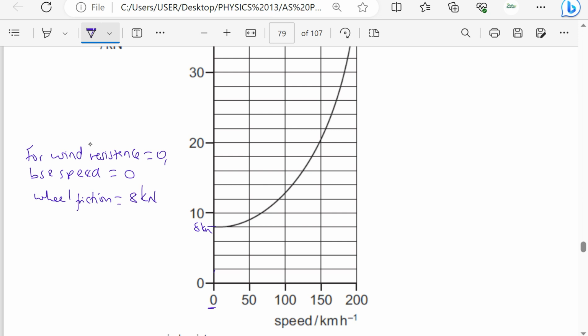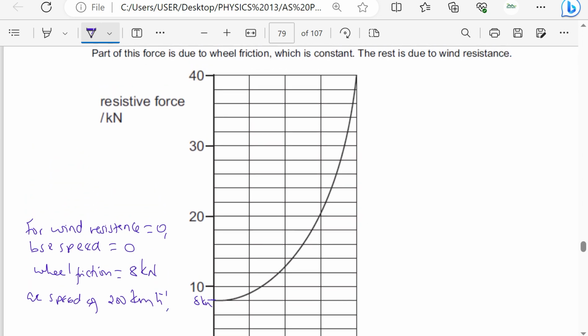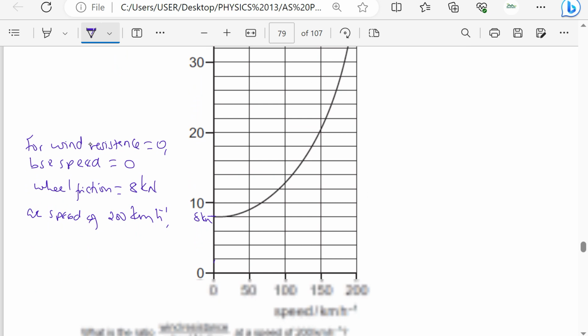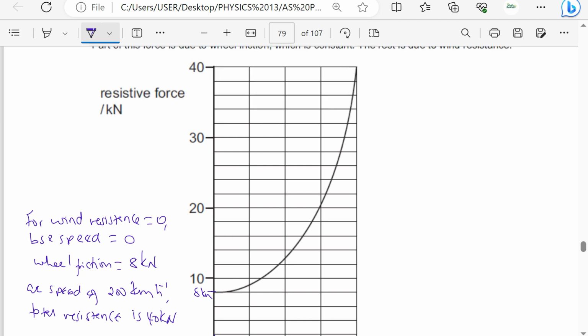Okay, then at a speed of 200 kilometers per hour, what is the total resistance? Total resistance is 40 kilonewtons. Remember the wheel friction remains constant.